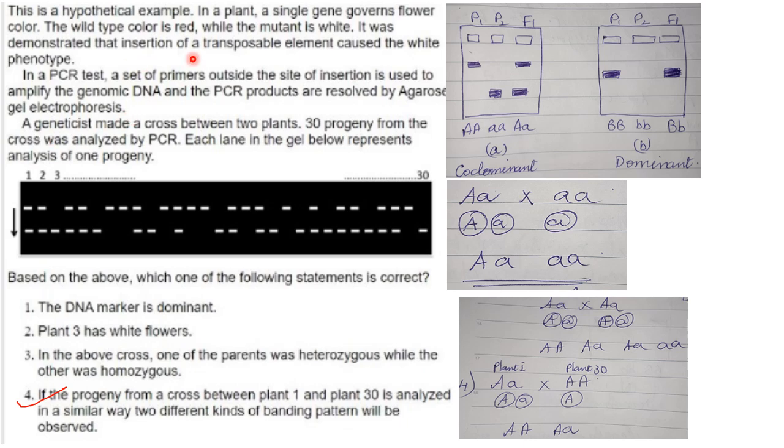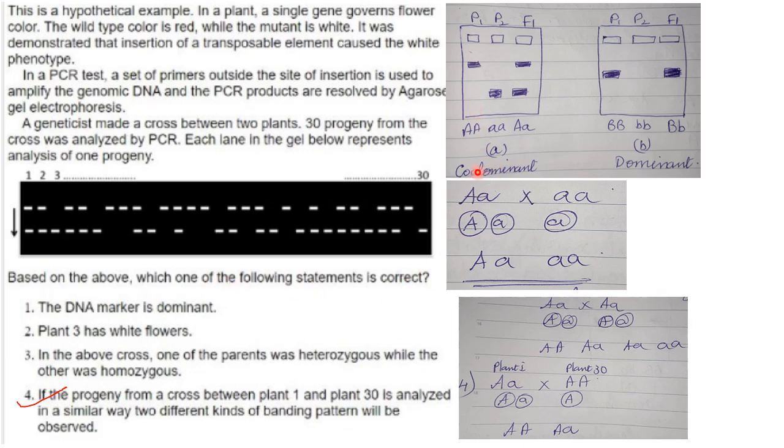So now what did the geneticist do? He made a cross between two plants, red and white. 30 progeny of the cross were analyzed by this PCR test. Each lane in the gel represents analysis of one progeny, 1, 2, 3, 4, 5, 6, 7, 8, 9, 10 till 30. So based on the above, which of the following statements is correct?